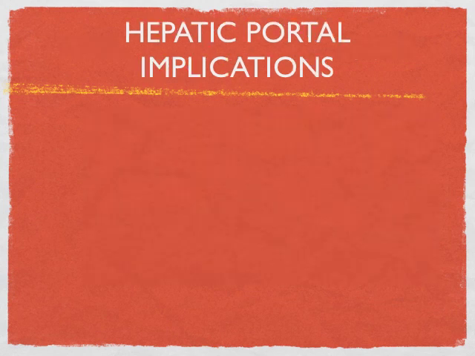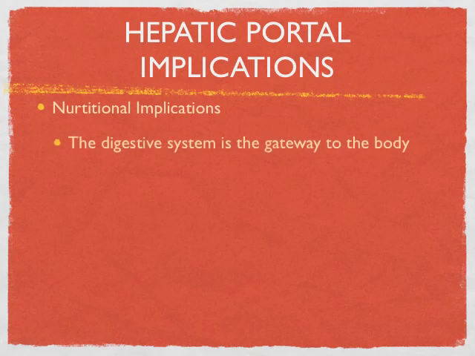The implications of this are in two patterns. There are the nutritional implications, and this is because the digestive system is the gateway to the human body. Remember this from our introduction of the maintenance systems.